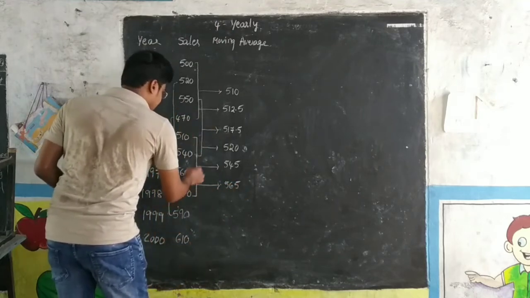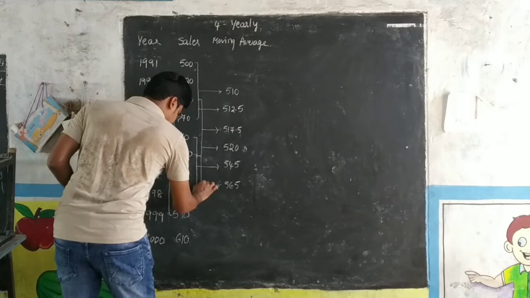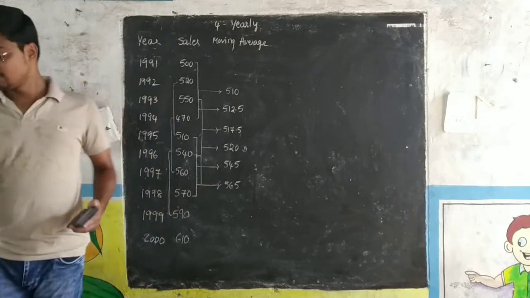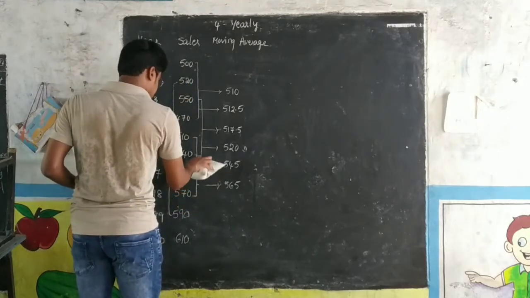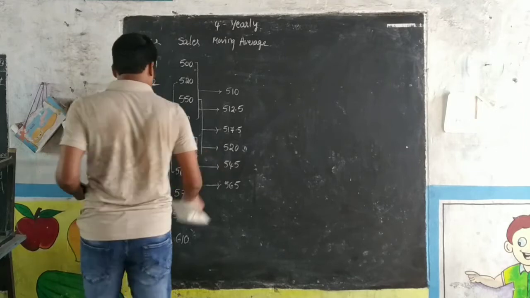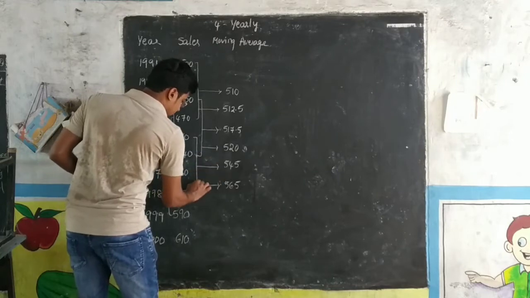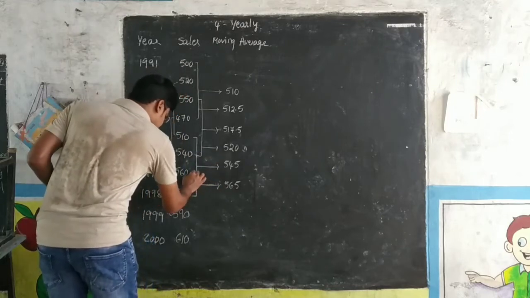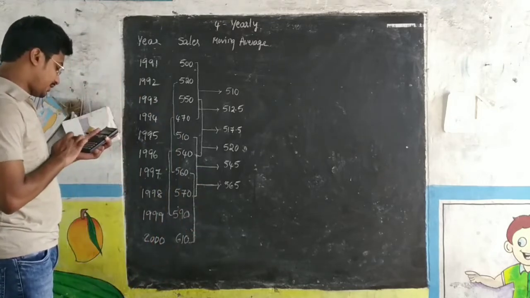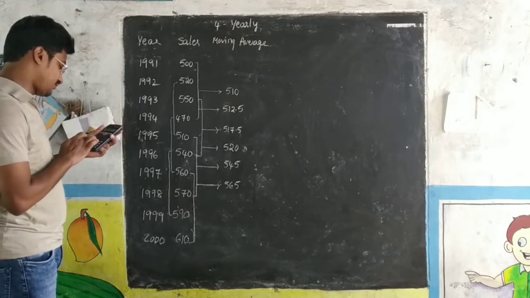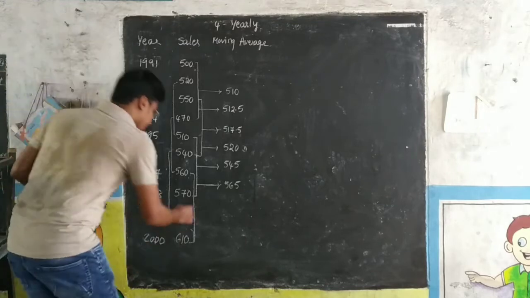Next 4 years. 560 plus 570 plus 590 plus 610 divided by 4 is 582.5.